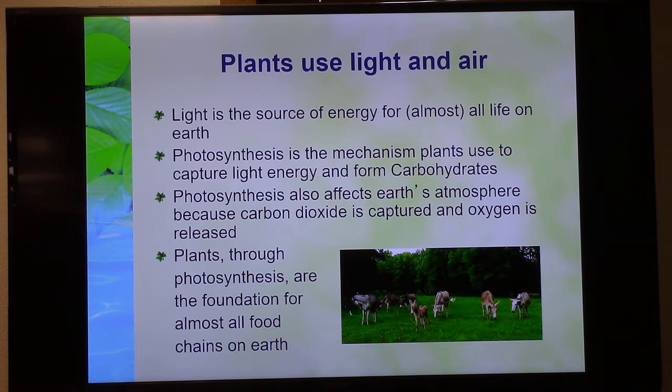Have you heard the expression carbon sequestration or carbon capture? The idea that we have too much carbon dioxide, it's accumulating, it's a greenhouse gas, we need to get carbon dioxide out of the atmosphere.